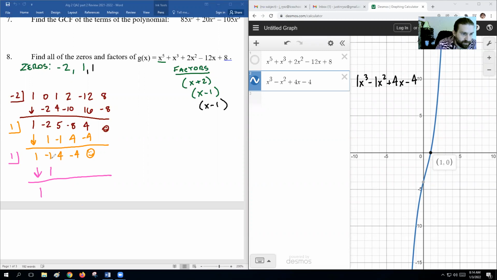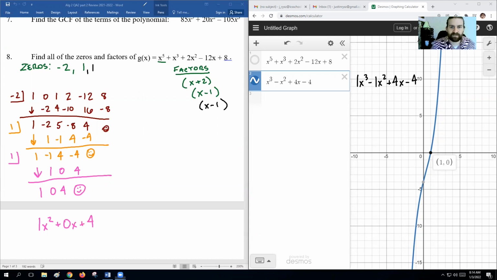If we add that to -1, that's 0. 0 times 1 is 0. If we add that to 4, that's 4. 4 times 1 is 4. If we add that to -4, that's 0. So that means our equation reduced to, if that was x cubed, 1x squared plus 0x plus 4.